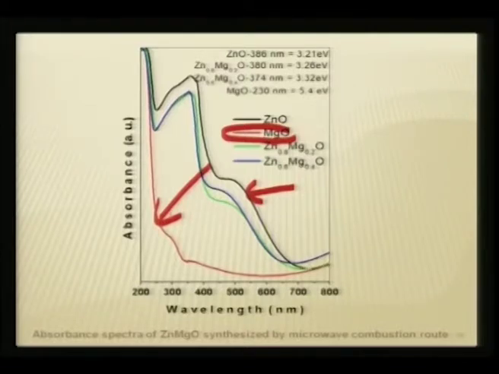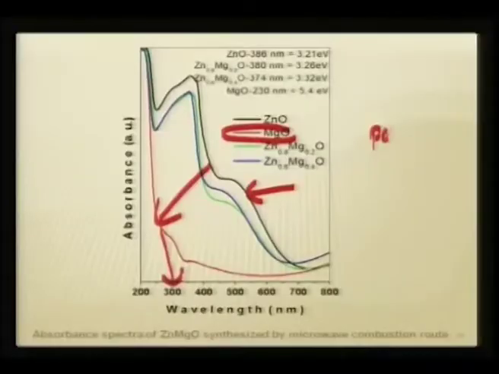You can clearly see the absorption edge is pushed to the UV range. So, what we can clearly say is magnesium is getting doped, because there is a trend which is as expected.